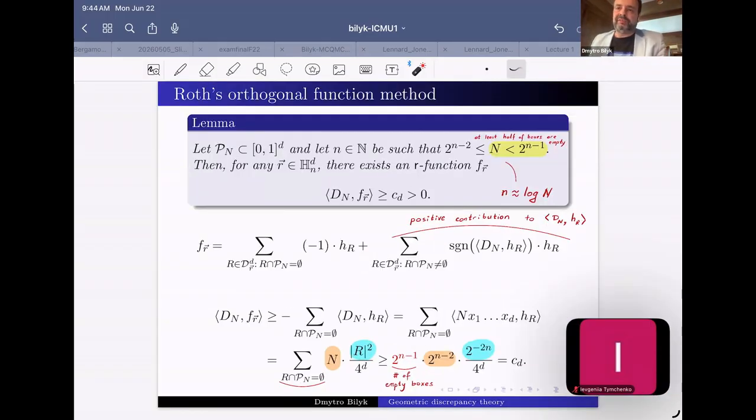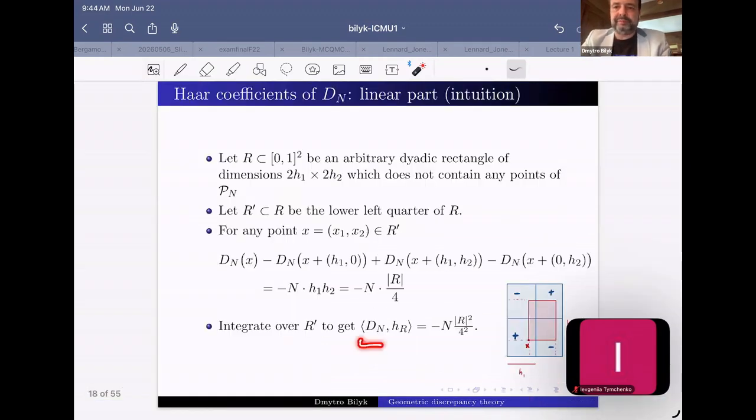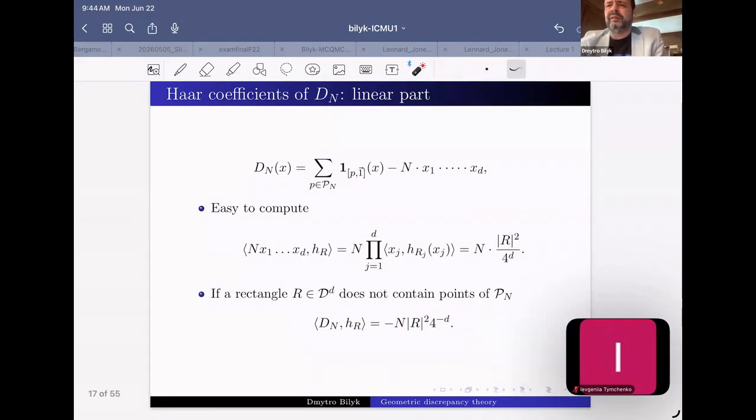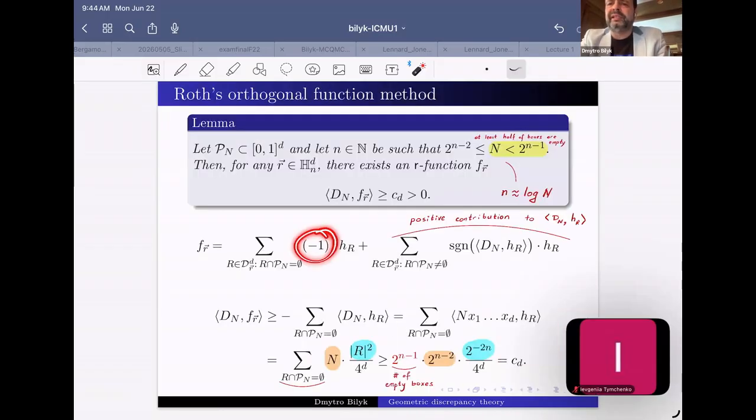Then the construction is very simple. Remember from the previous slide that for empty boxes we got this relation, with a negative sign. We'll put a negative sign here for all empty rectangles. And for non-empty ones, we'll just choose the sign which makes the inner product bigger.